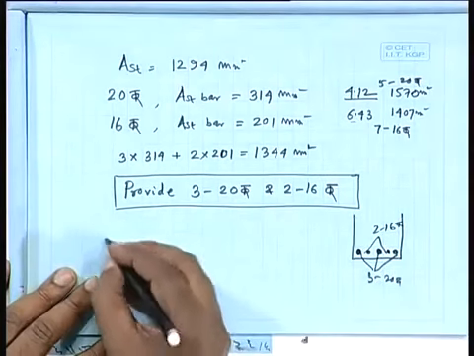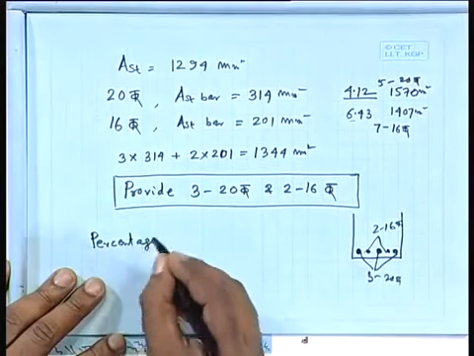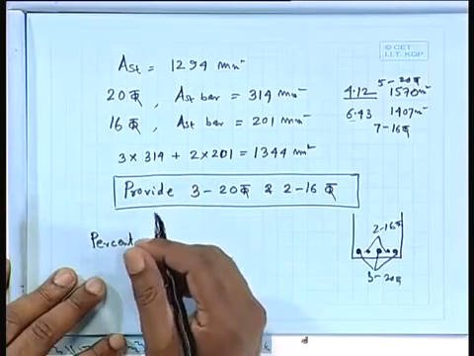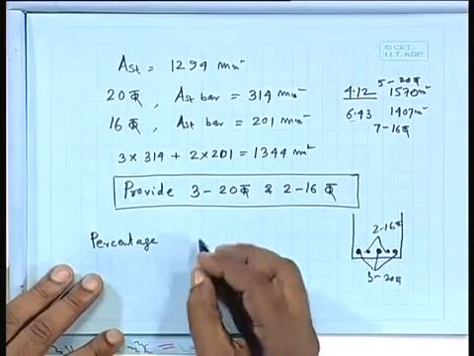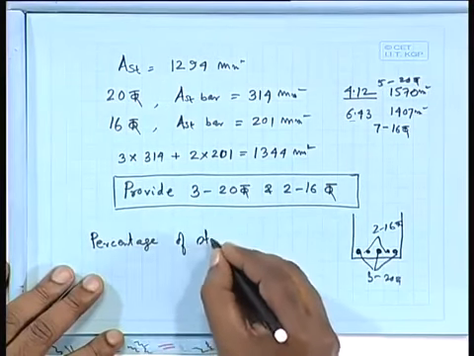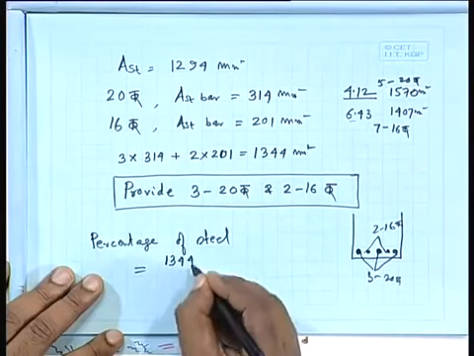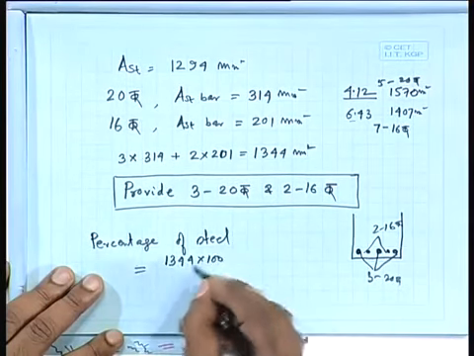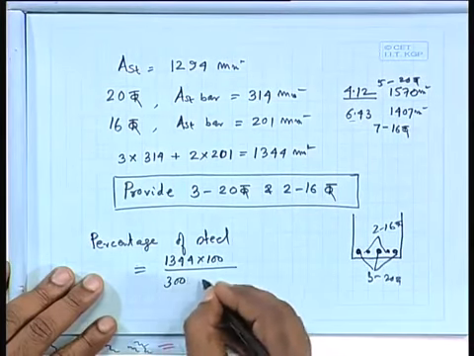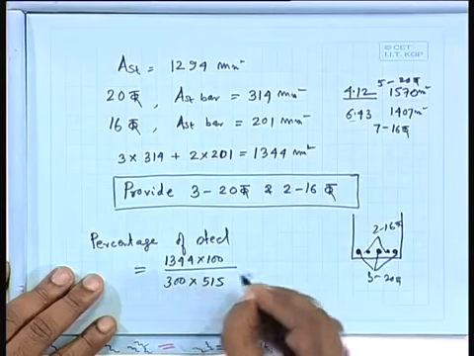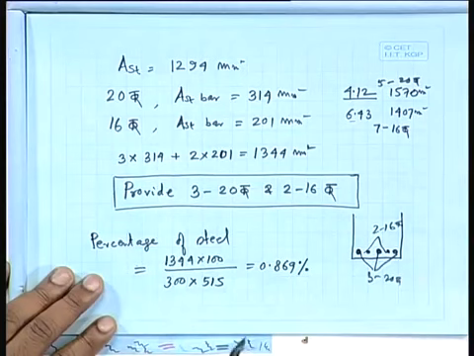What about the percentage of steel? Let us calculate it, because we need this to find the critical shear stress. Percentage of steel is equal to 1344 into 100 divided by 300, the width of the beam, times 515, which comes as 0.869 percent.